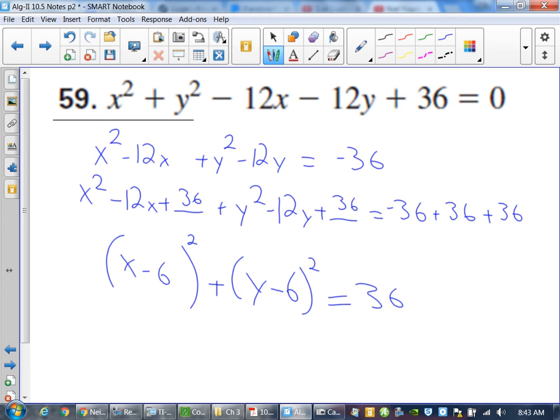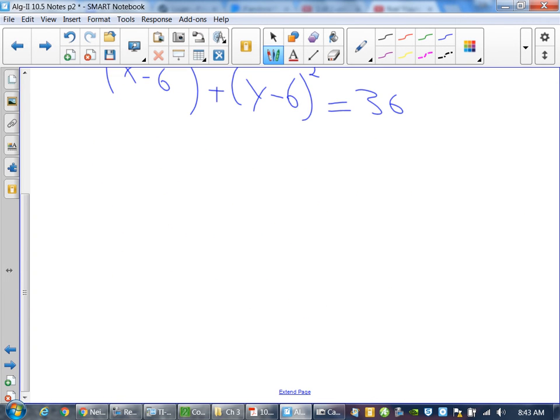You have a circle centered at 6, 6 with a radius of 6. So here's what you do. There's your center. And all you have to do is go up 6, down 6, left 6, right 6.